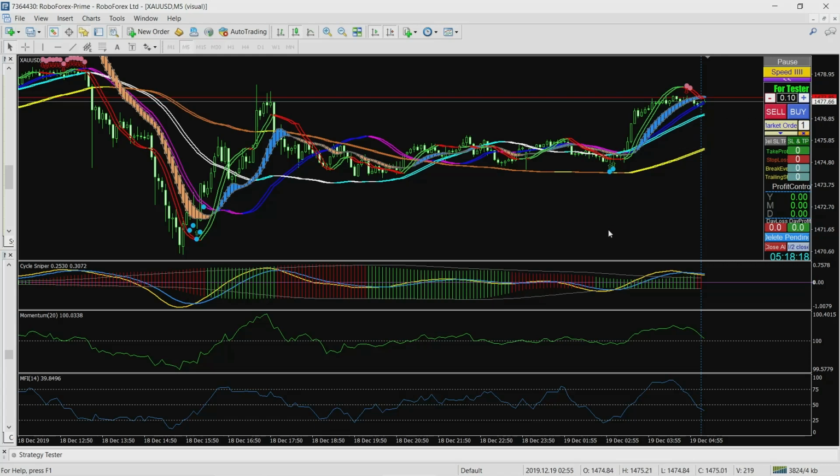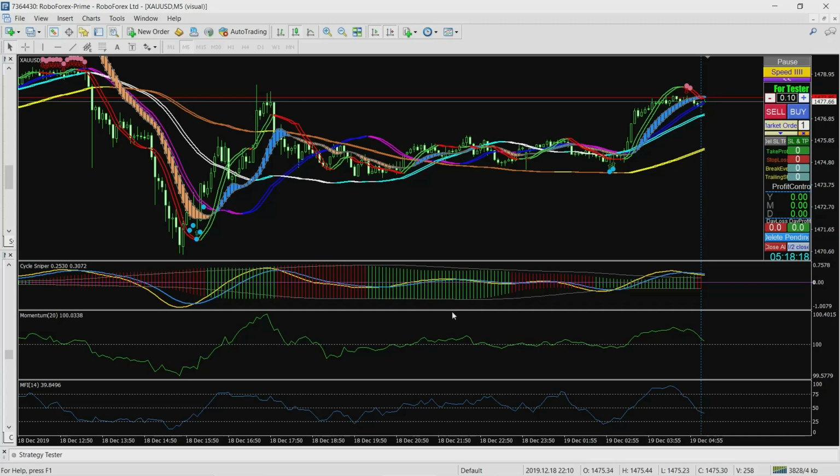Let me show you a very strong strategy. Okay, what do we have on the chart? Our Beta Bands 20, 61, 100, 200, Cycle Sniper set 1. I also added Momentum and Money Flow Index.